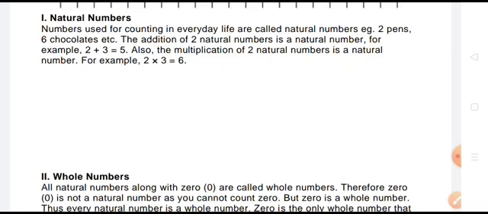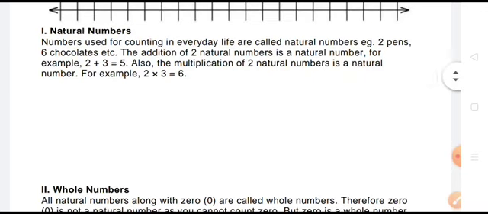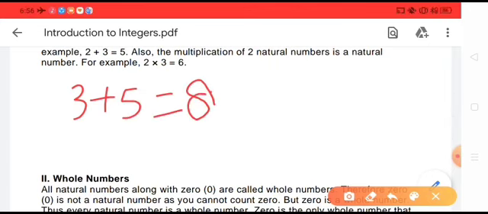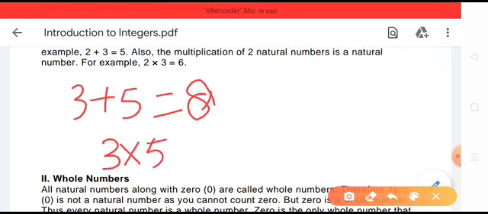Now we take more examples. 3 plus 5 equal to 8. It is also a natural number, and 3 into 5 equal to 15.